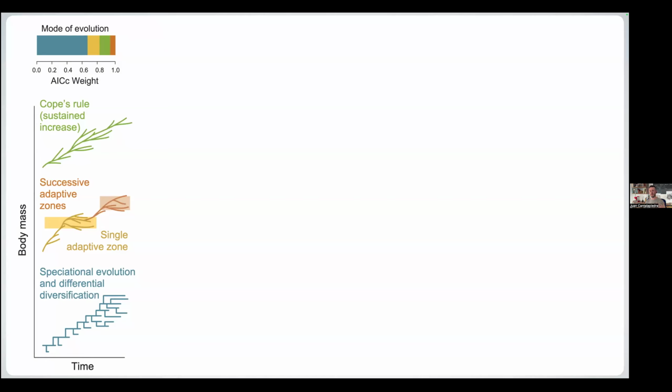And as you can see there at the top, based on maximum likelihood fit, the model that best explained the evolutionary history of body size in brontosaurs was one where time didn't matter that much. It was just how many speciation events separated the species, what is called the kappa model in Geiger.